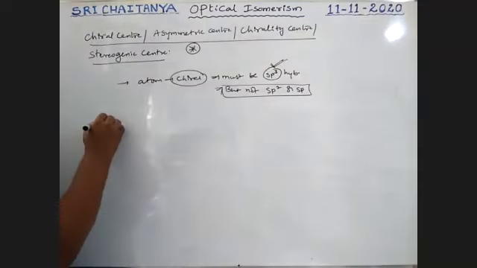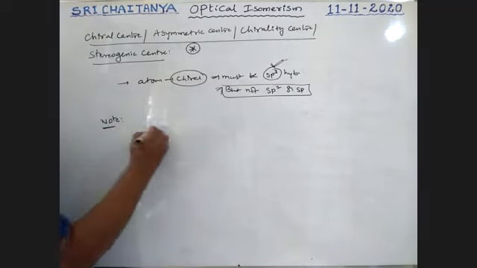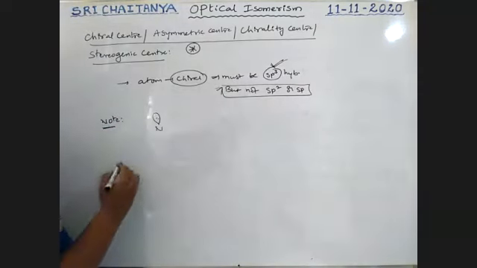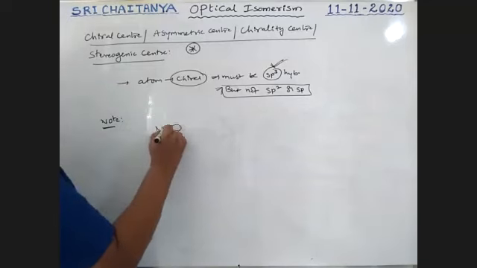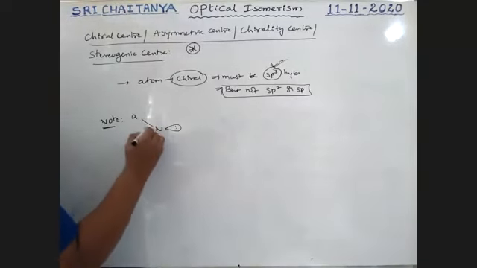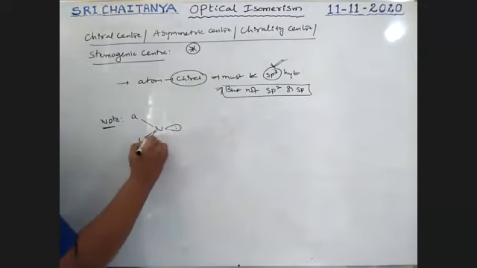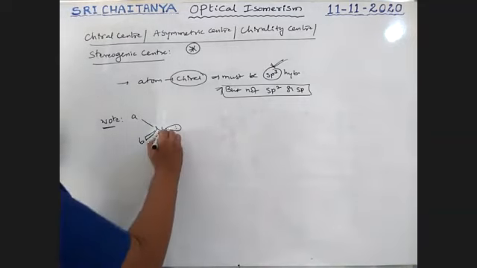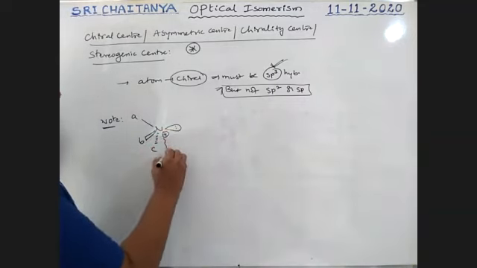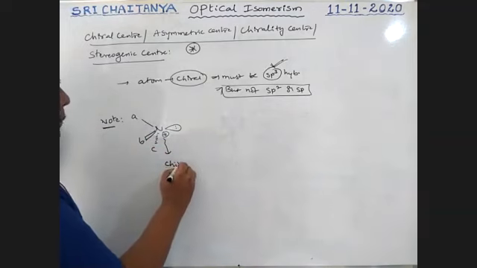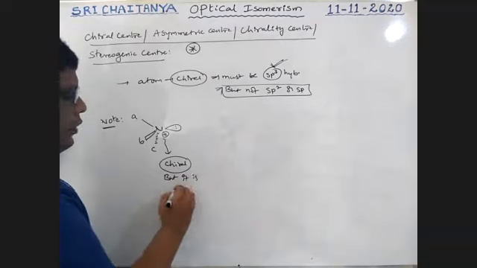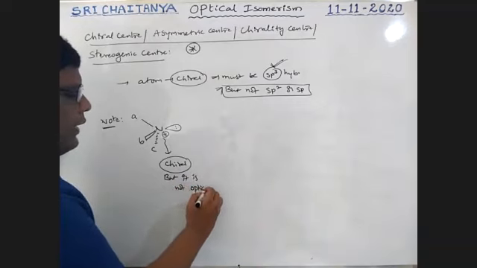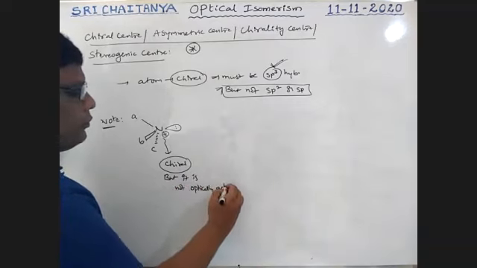So note this point, boys. Nitrogen, there is a lone pair. See, I'm writing here. Nitrogen with a lone pair which is bonded with 3 different groups. Now, this nitrogen is considered as chiral, but it is not optically active.